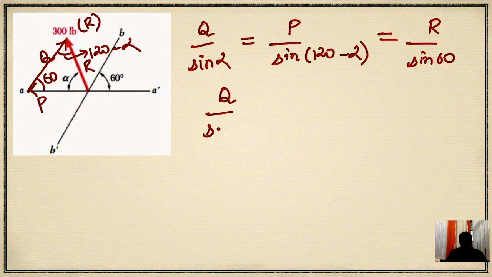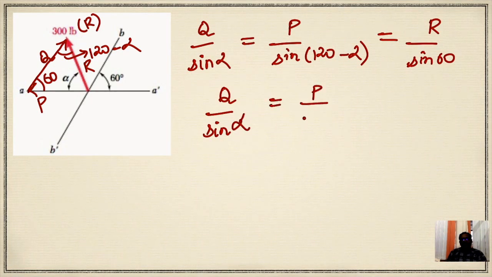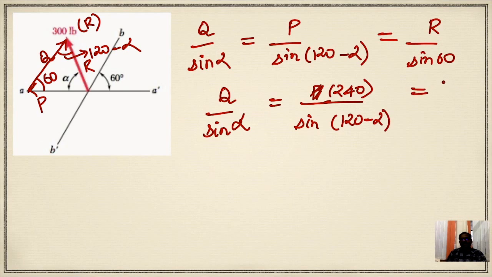So R divided by sine 60, right? So the values that are known to us are very simple. So it is Q by sine alpha, that is equal to P, P is given to us, so it is 240 divided by sine of 120 minus alpha, divided by R, which is 300 divided by sine 60.